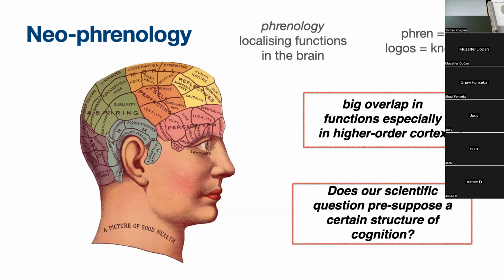As we do fMRI, we might be interested in, oh, how does fear work in the brain, right? And that might be cool, but the brain might be doing things that we now call fear, and fear, in some sense, is not the best word to describe it.